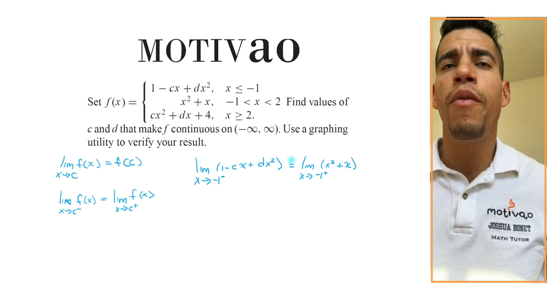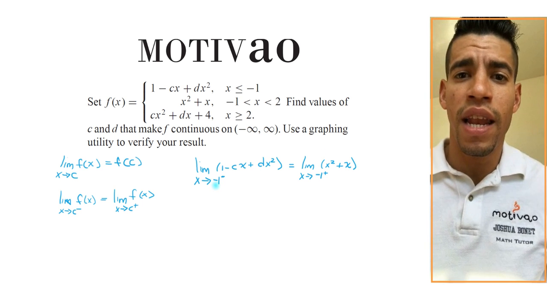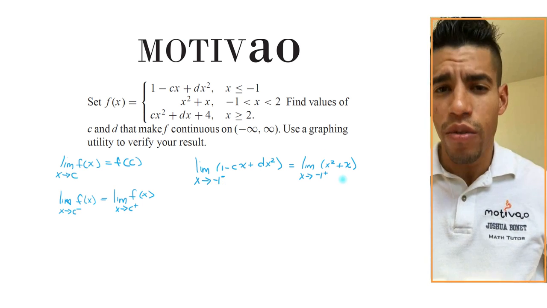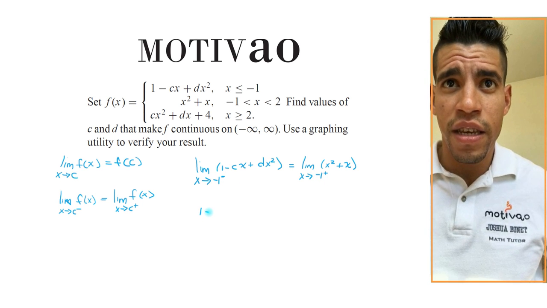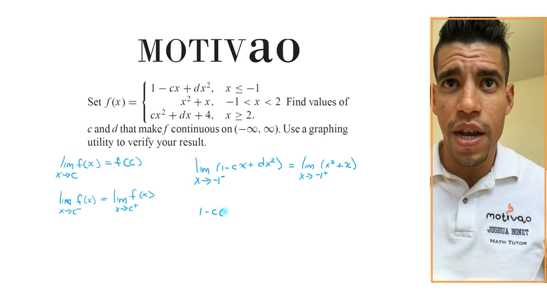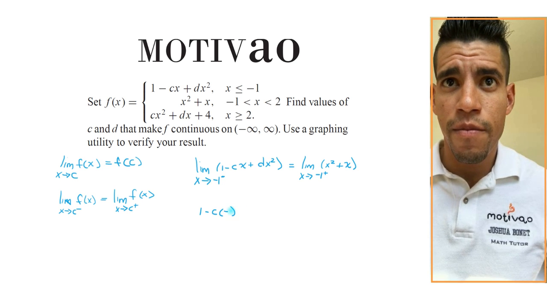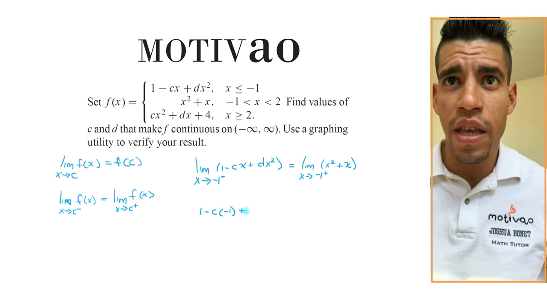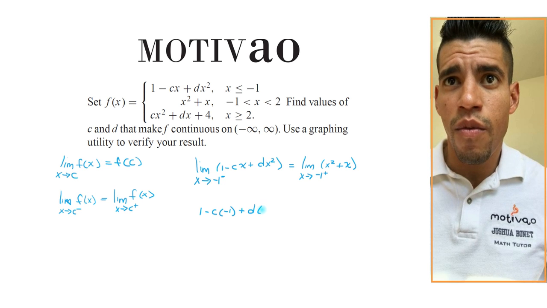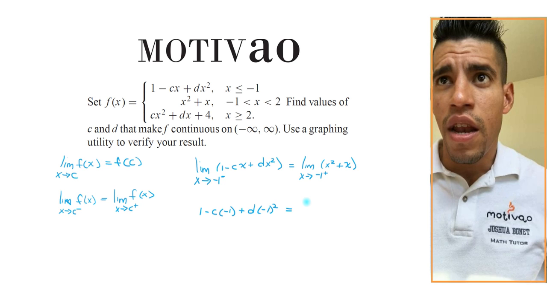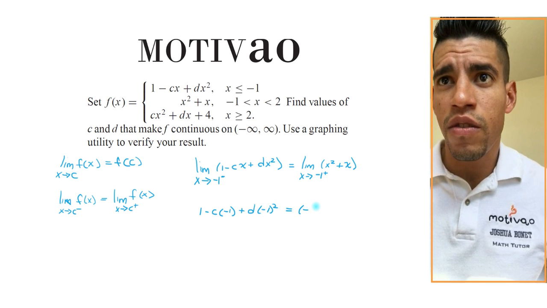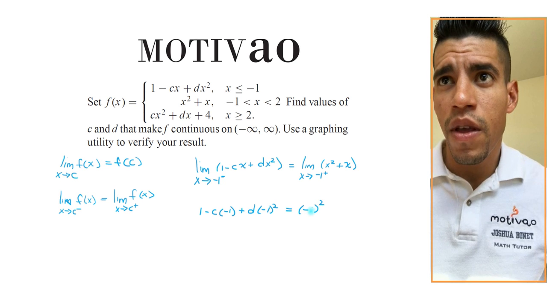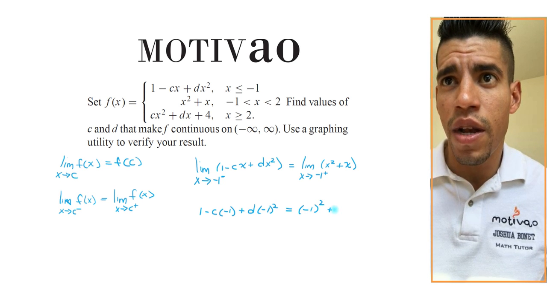Now we plug in -1 in the left function and equate it to -1 plugged in the right function. So 1 minus c times -1 plus d times -1 squared equals, and then we plug in -1 in this function, -1 squared plus -1.